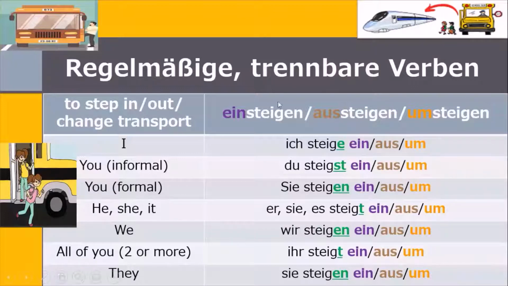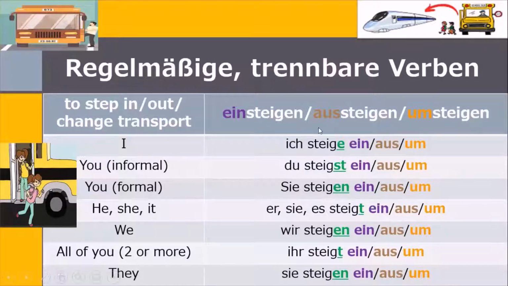The main verb in these three verbs is steigen, which means to step. From that comes step in, step out, and change of transport.